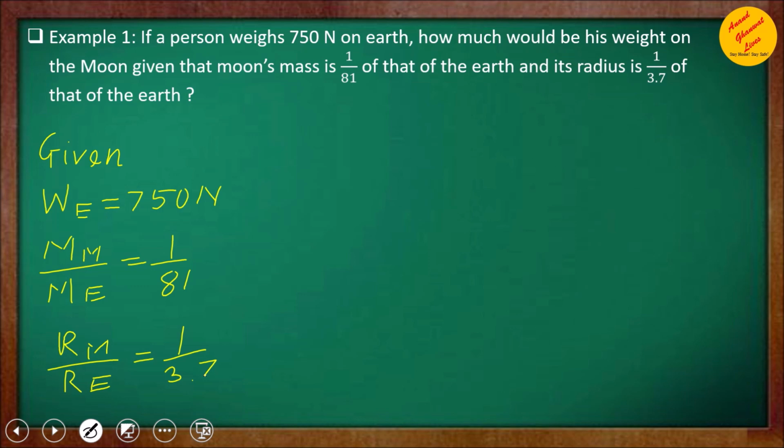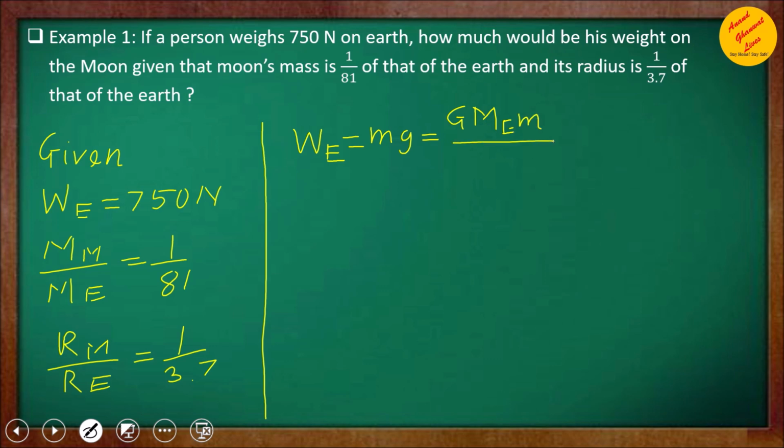Now let us solve. W means weight. It is equal to mg, which is equal to G Me m upon Re square.